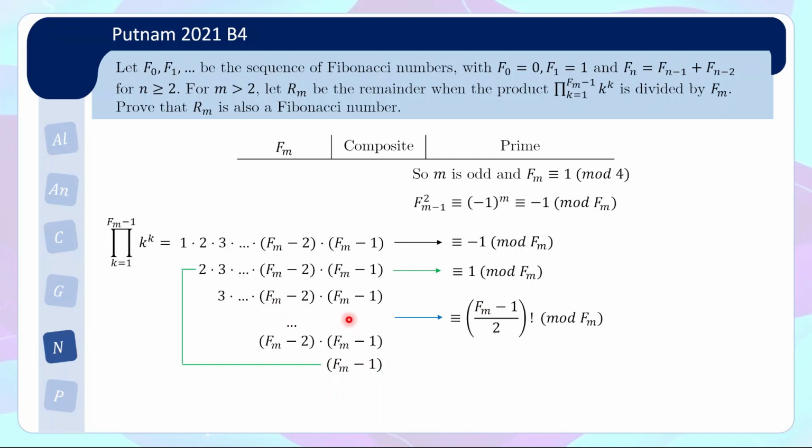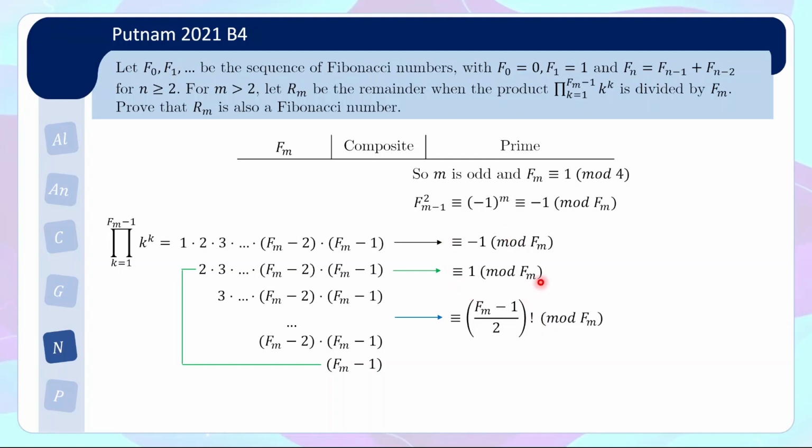So if I flip all those terms to the front half instead, I'll get Fm minus 1 over 2 factorial, and I incur an even number of copies of minus 1 because I flip an even number of terms over to the front half. So I get this is not minus 1 but plus 1 times the left half factorial. So Fm minus 1 over 2 factorial.